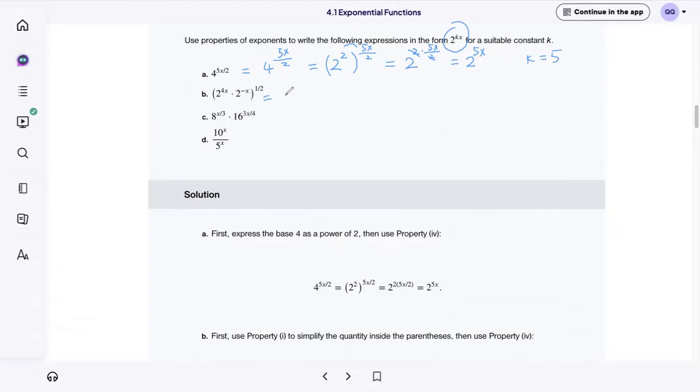This is multiplication of the same base, so we add their exponents, 4x plus negative x, then raised to a half. 4x minus x is 3x, so that's 2 raised to 3x, then raised to a half. With 2 layers of exponents, we multiply, so 3x times a half is 3x divided by 2. We can write this as 2 raised to 3 over 2 x. In this case, k equals 3/2.